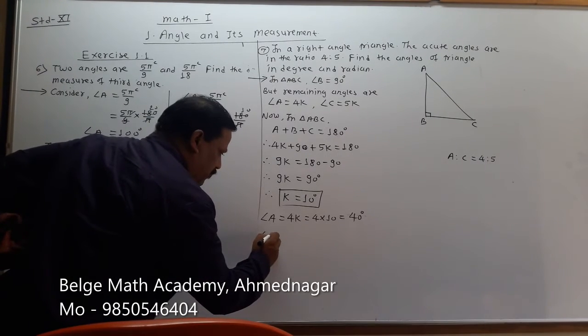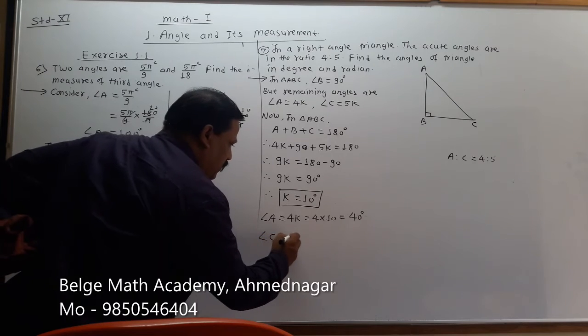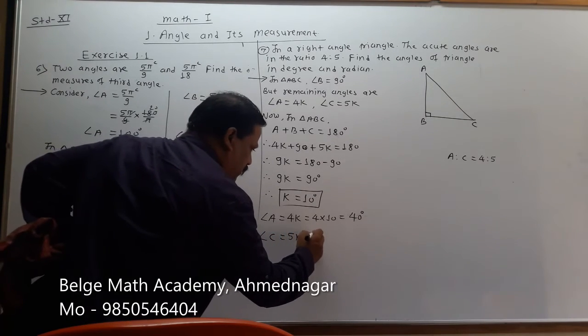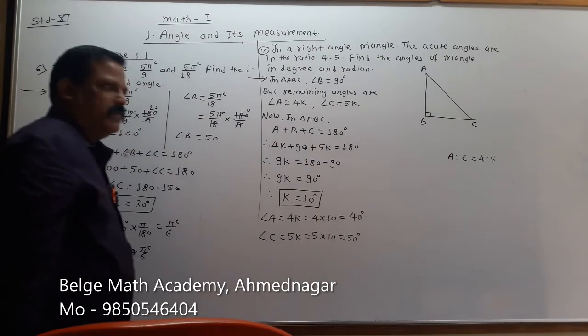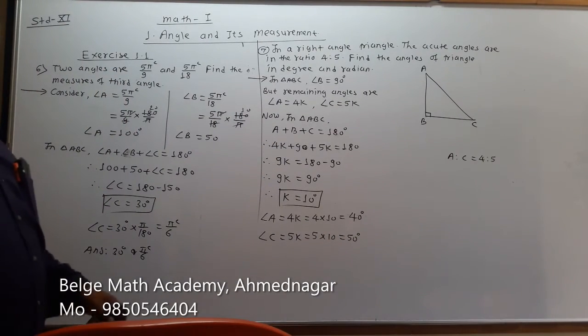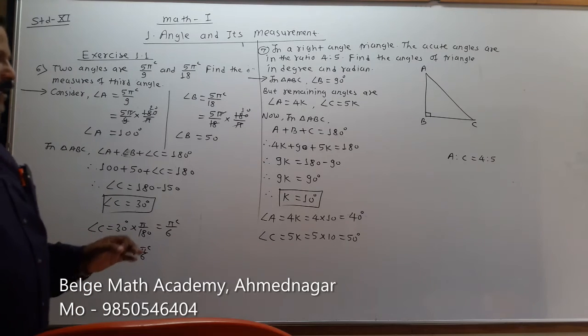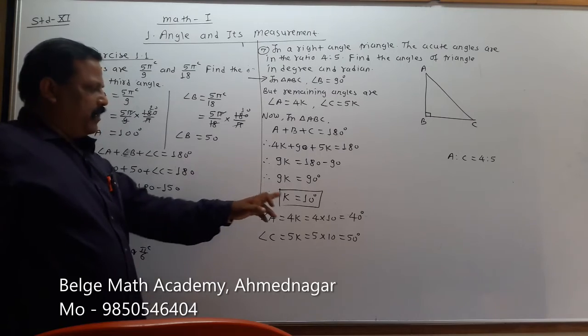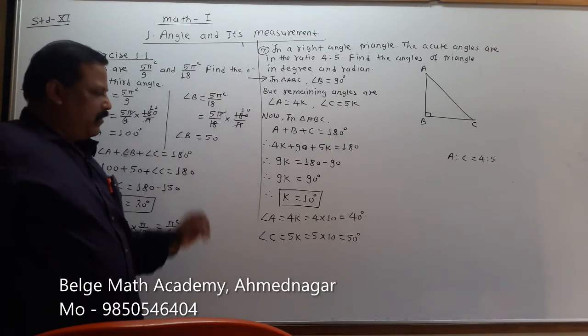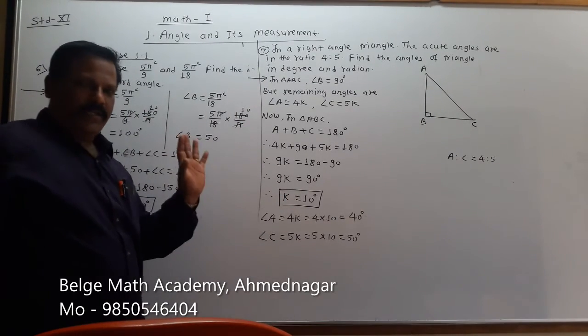Similarly, angle C is 5 multiplied by 10, that is 50 degrees. So angle A is 40 degrees, angle B is 90 degrees, and angle C is 50 degrees.